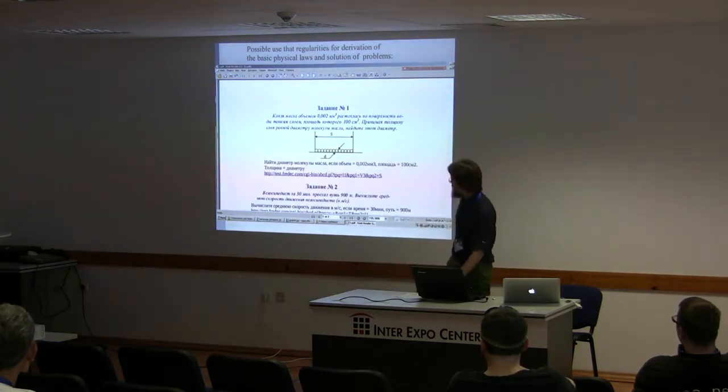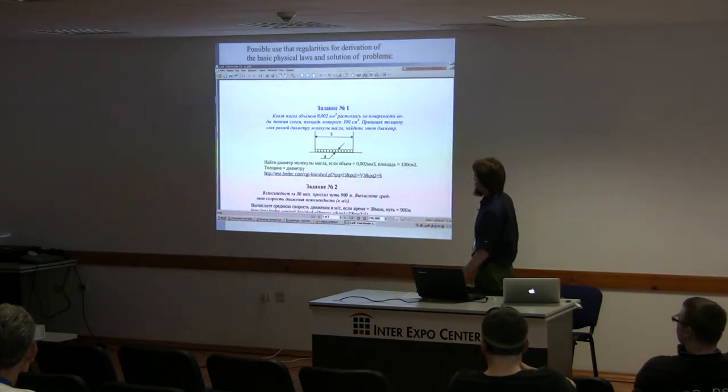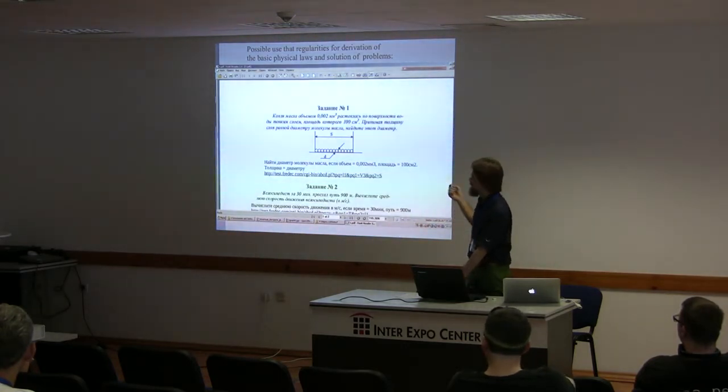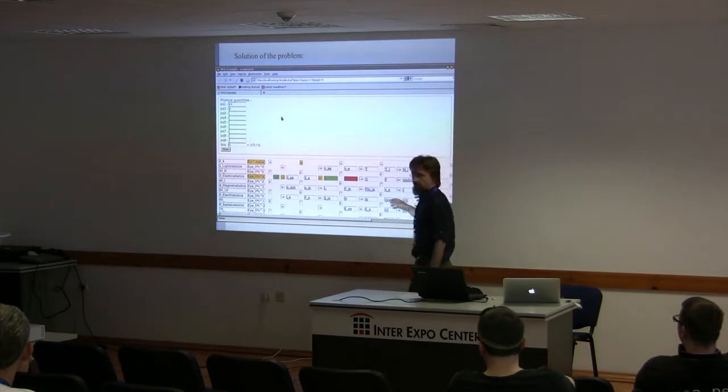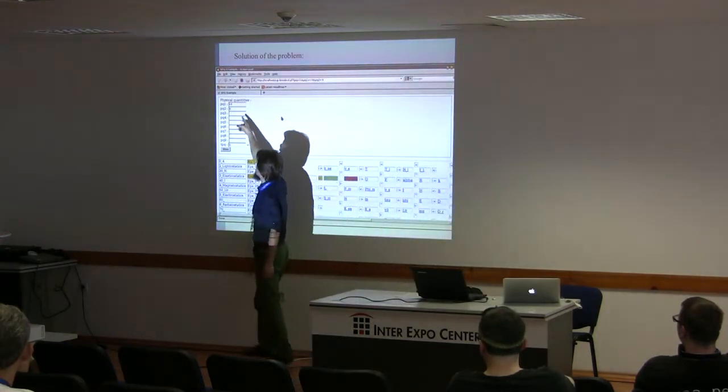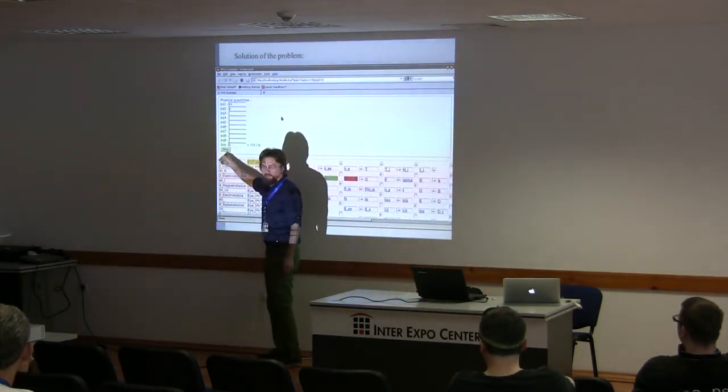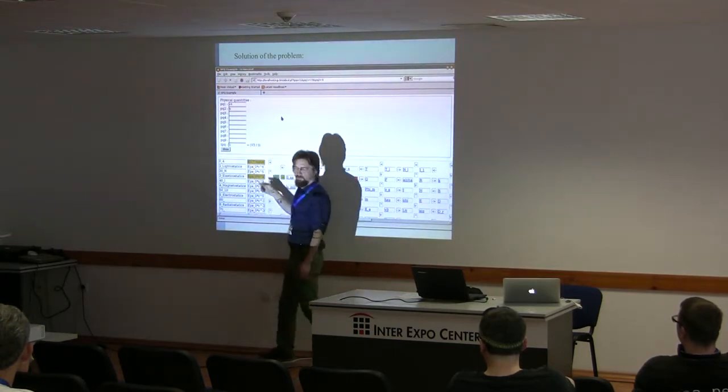How does it work? For example, for this problem we have the volume of the oil over the water, and we have the square of the oil over the water, and we need to find the diameter of the molecule, and we assume that the layer of the oil is just equal to 1 diameter. So we just take the script, put in parameters, push the button, and we have formulas.